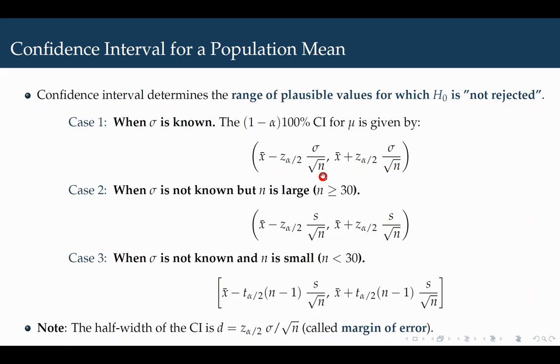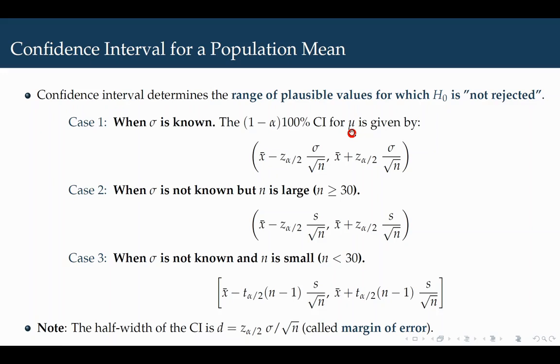So this confidence interval is the construction of an interval on either side of the sample mean. From the sample mean we subtract a certain value, and to the sample mean we add a certain value.